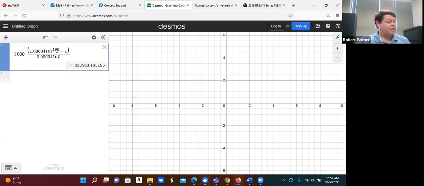So that's the value then of that annuity after, once again, you're making monthly payments, $1,000 each month, okay? And then that's the amount after that. Let's go back here and write that down.